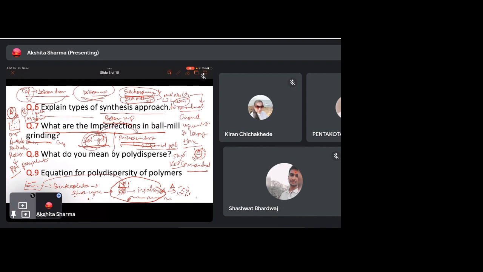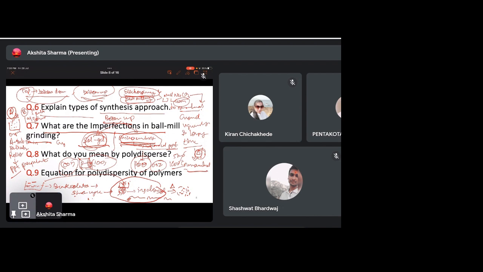What I mean by faceted structures is, if you have a cube, it has different planes, 101, 001. In ball milling, you will get all these planes. But if you synthesize by microemulsion or sol gel appropriately, then you will get only a single plane, maybe 002. Fine.